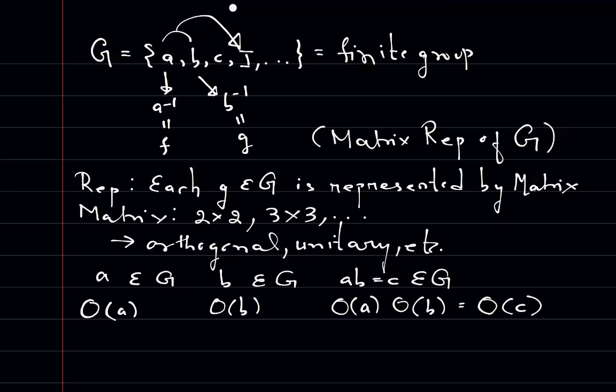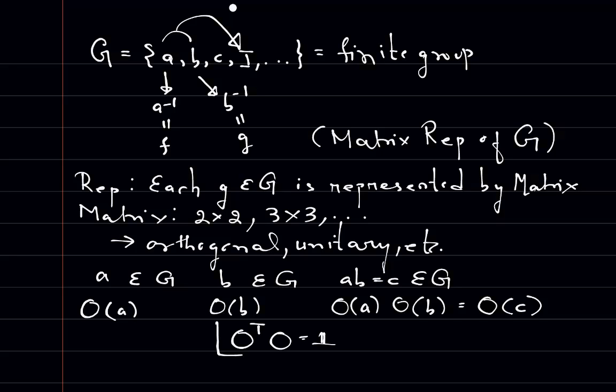Then if I multiply these two matrices that represent the elements, I'll get the matrix representation of C. And the reason I'm writing O is because all these matrices have a property, and that's why they are called orthogonal. Take any matrix that represents the group element, write the transpose of the matrix and multiply with itself, and you'll get identity.